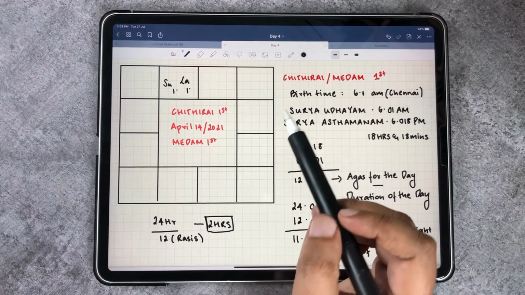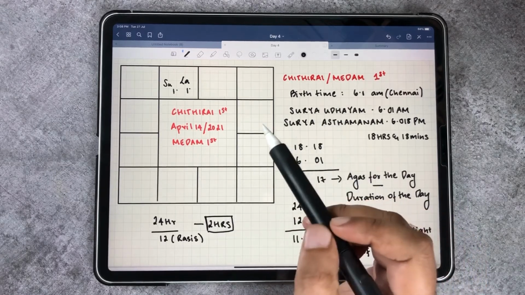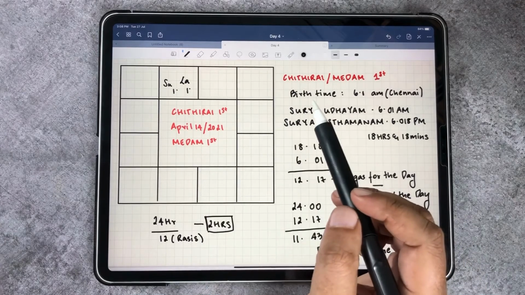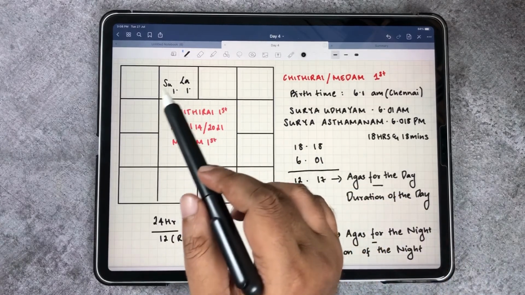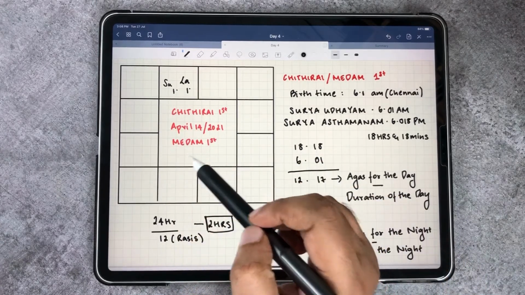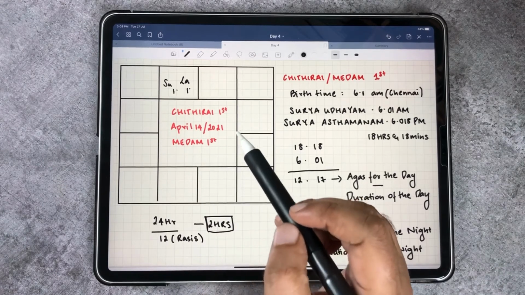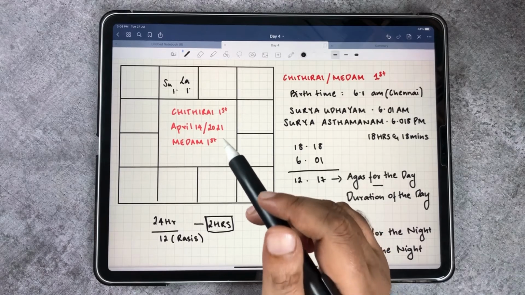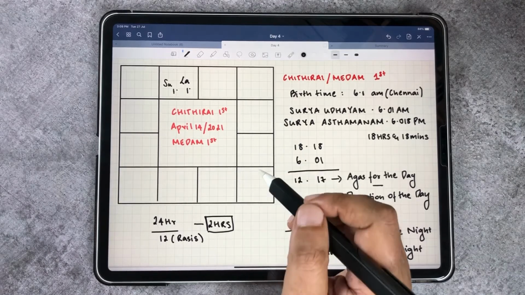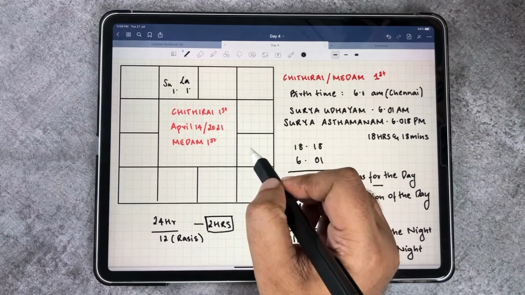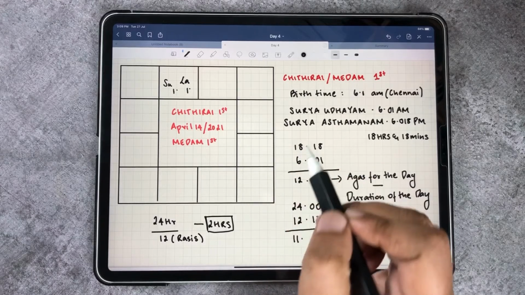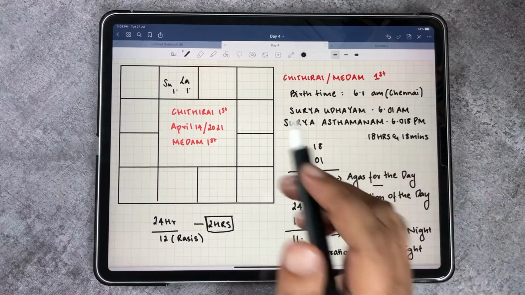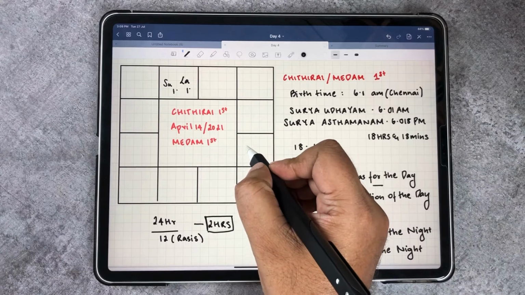So every day the lagna will start from the Rashi where the sun is. From the Surya Udayam, it does not have to be Mesha always. Like let's say, during the month of Avani, let's consider the first of the month of Avani. Where would the sun be? Avani means Chingam in Malayalam. So Chingam, easy to remember. The sun would be right here.